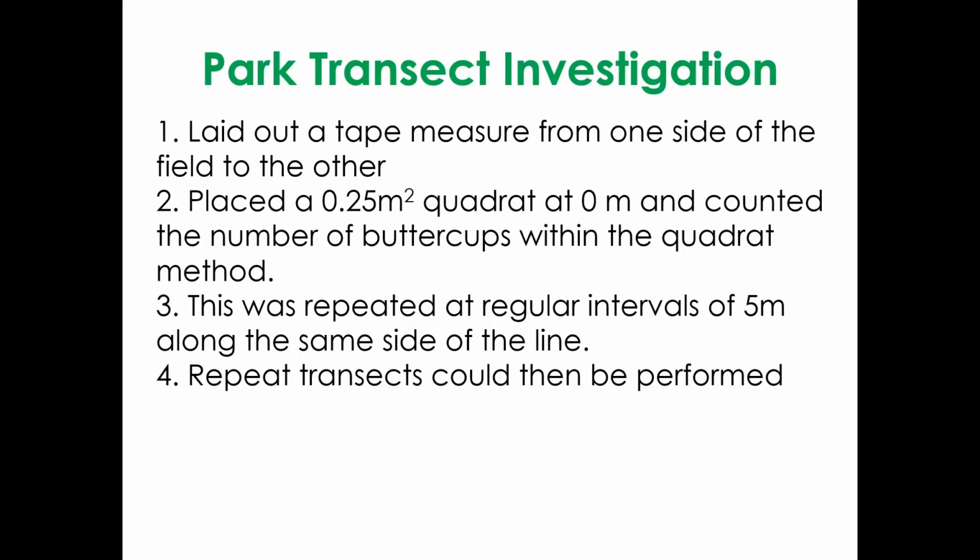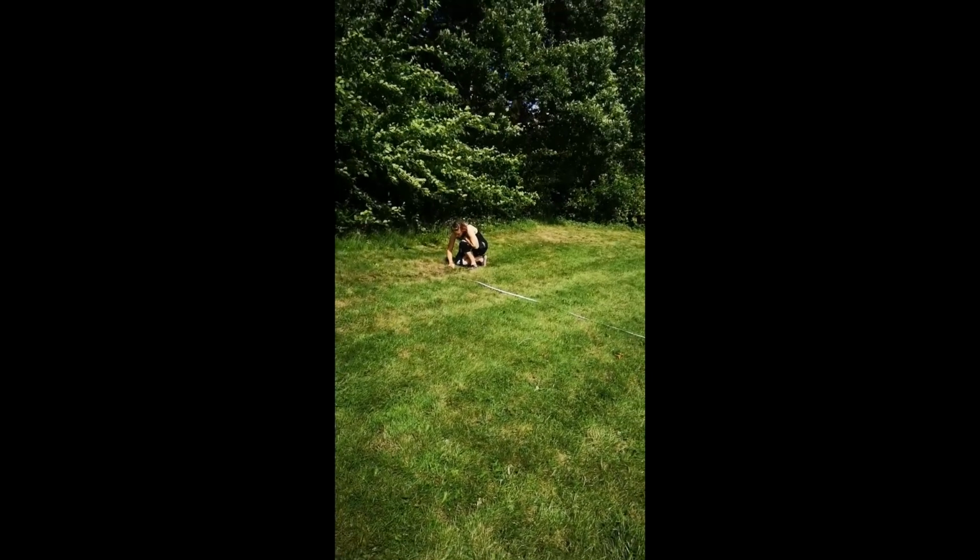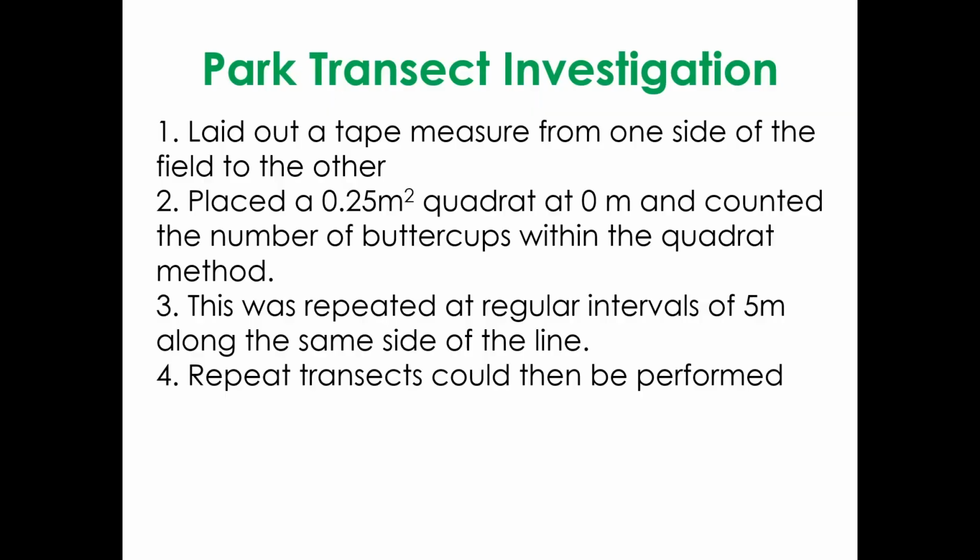Okay, so now I'm going to demonstrate in the park a transect investigation. So first, I lay out the tape measure from one side of the field to the other. I then place a 0.25 metre square quadrat at the 0 metre mark on the tape measure and counted the number of buttercups within the quadrat. This was then repeated at regular intervals of 5 metres along the same side of the line.